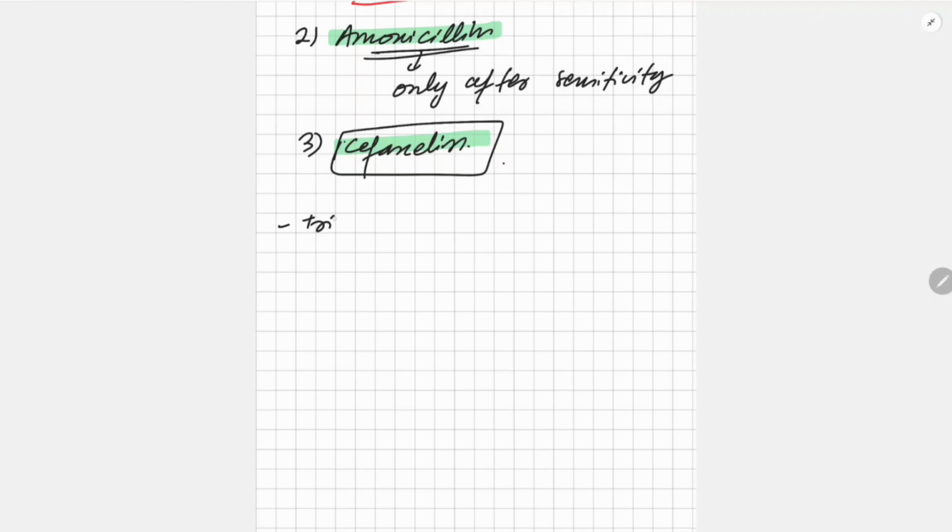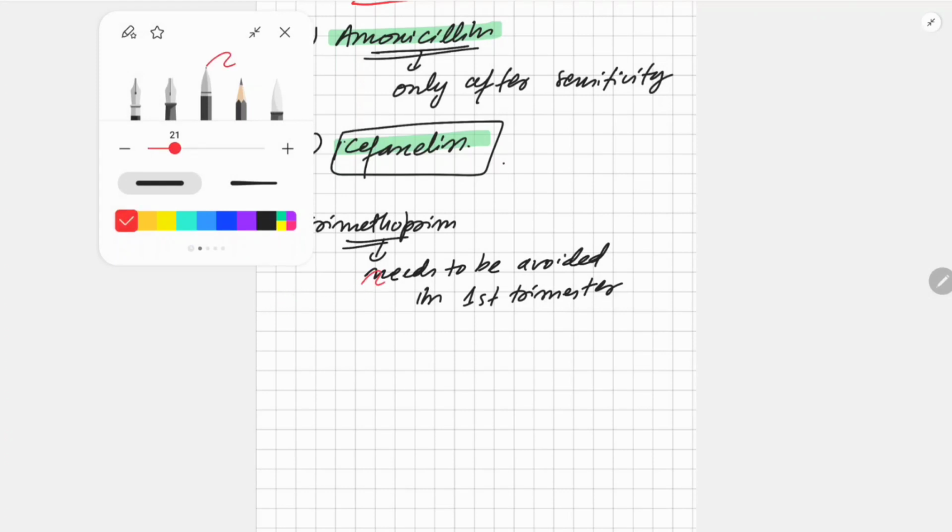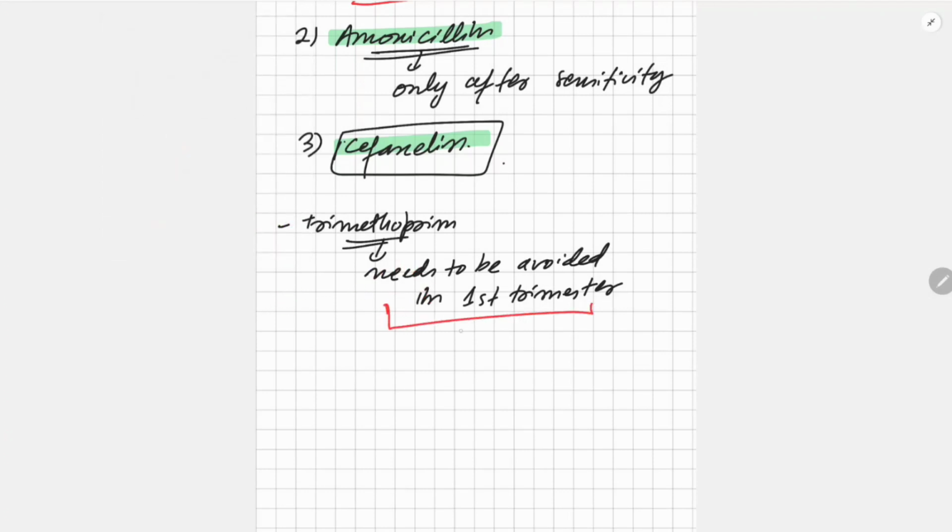If you are using trimethoprim, it needs to be avoided in the first trimester of the pregnancy, as it is associated with something called congenital malformation.